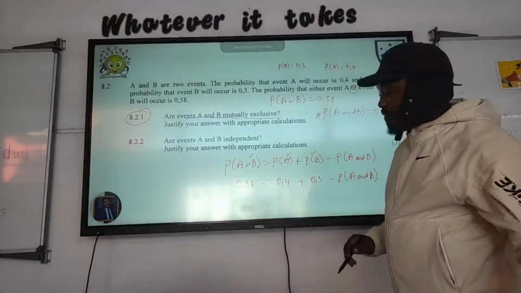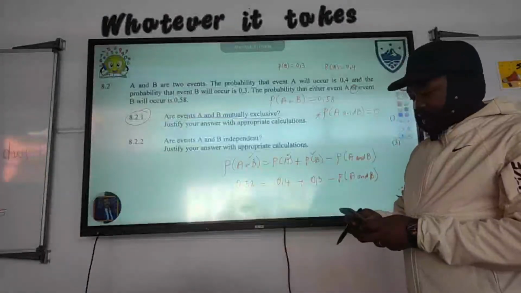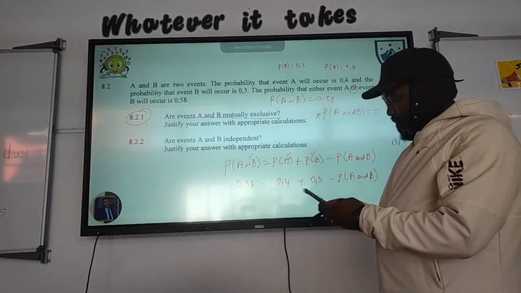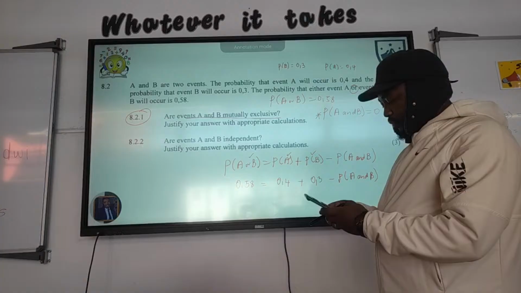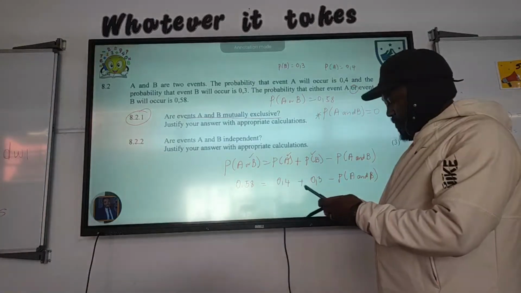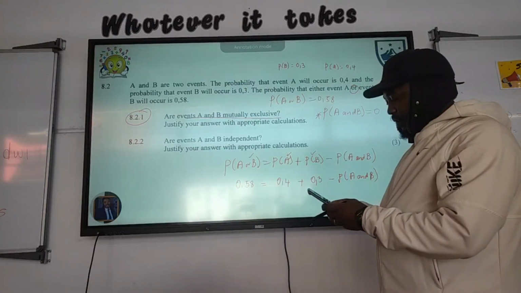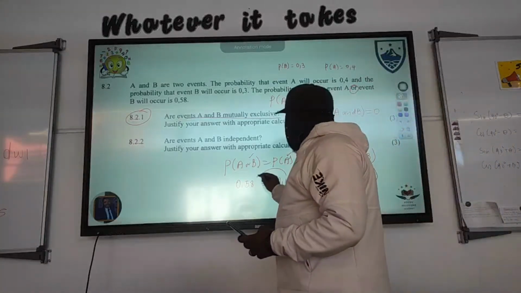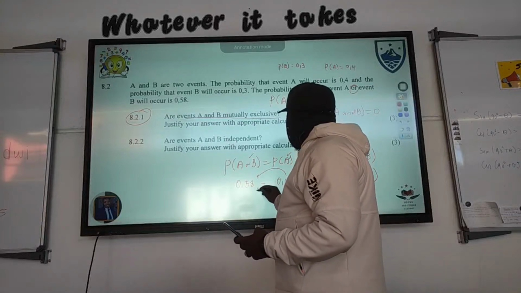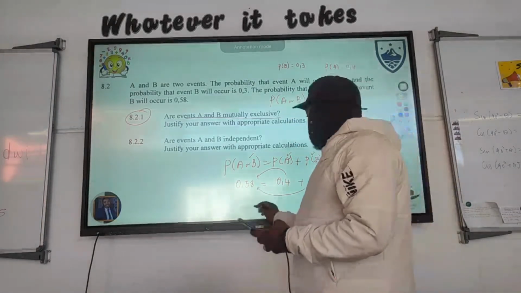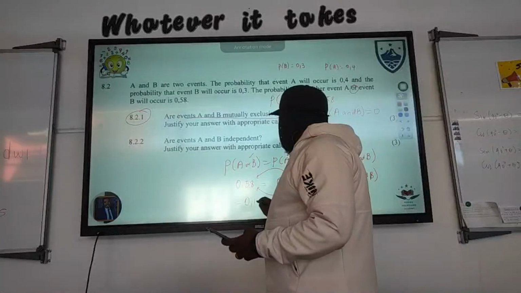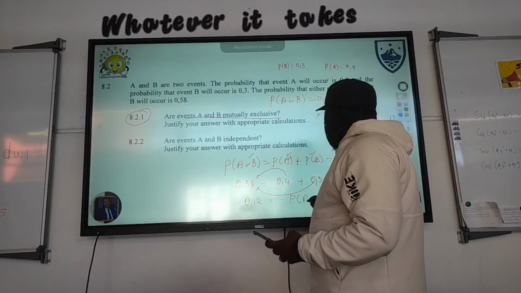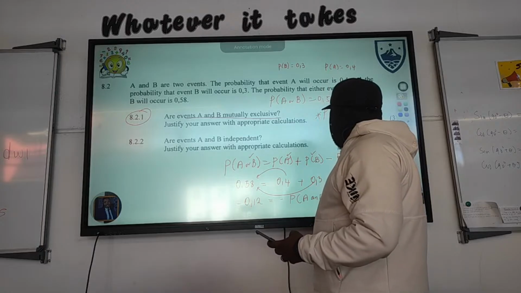And then if we simplify, we can add these two and transpose them to the left hand side. So we'll have 0.58 minus 0.4 minus 0.3, which will give us, if we transpose to the other side, they change the sign, a negative 0.12, which is equal to negative the probability of A and B happening at the same time.